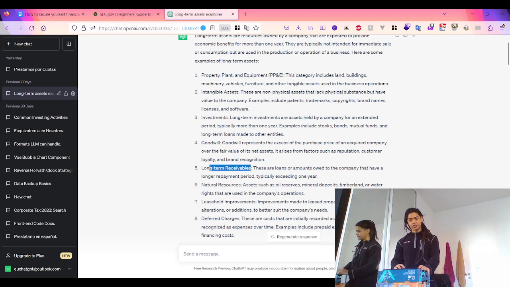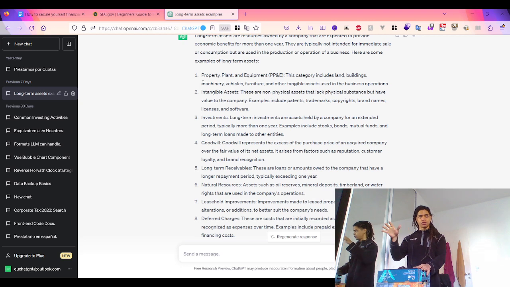There are also long-term receivables, or loans that you give or loans that you are owed by others, typically exceeding 1 year.